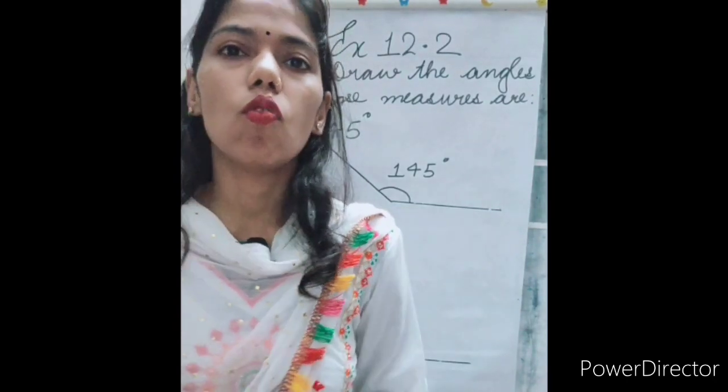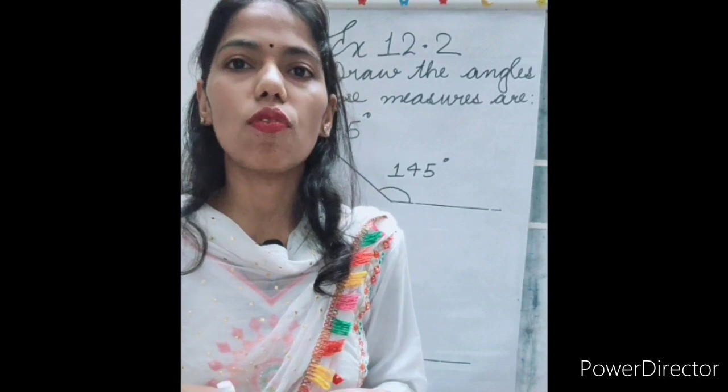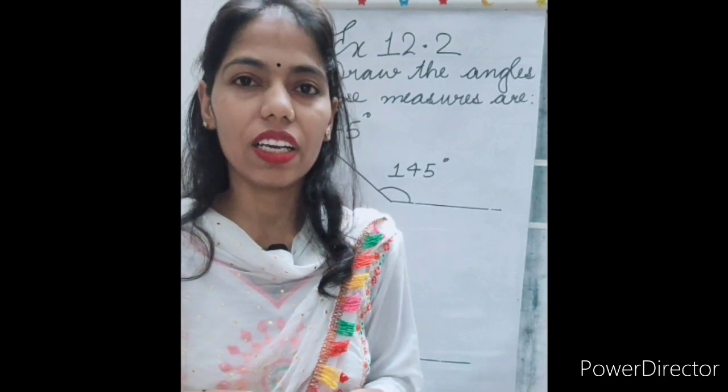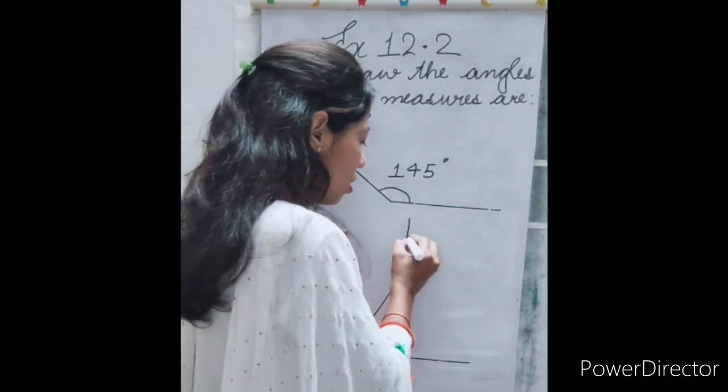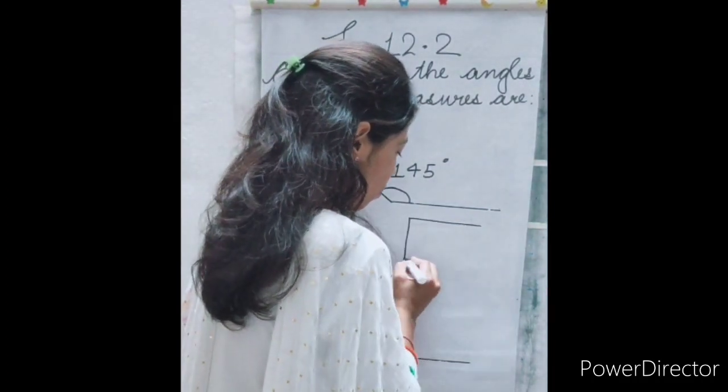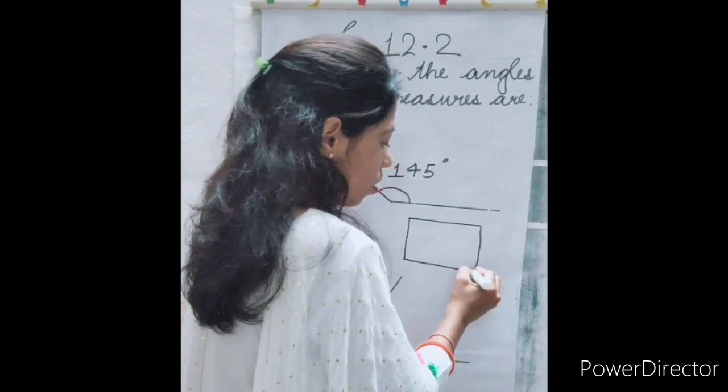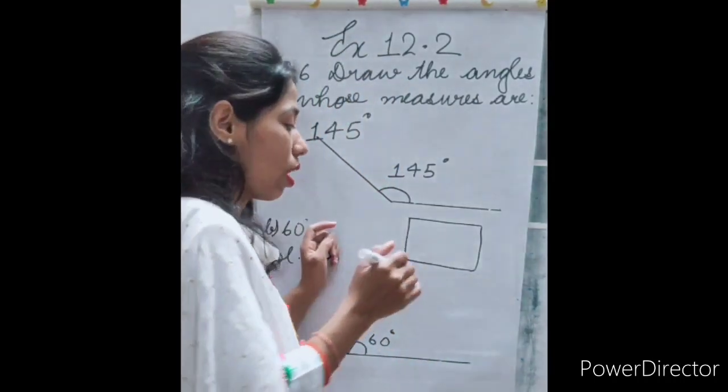And question number 7. What is the measure of each of the angles of a rectangle? So what is a rectangle? Rectangle is a shape which is made out of 4 line segments.